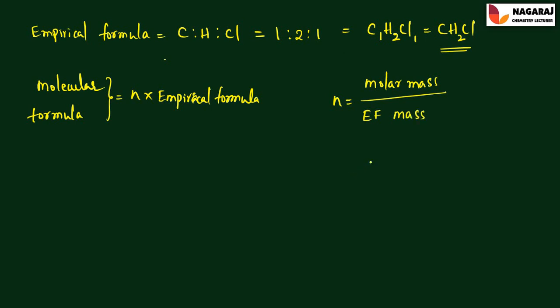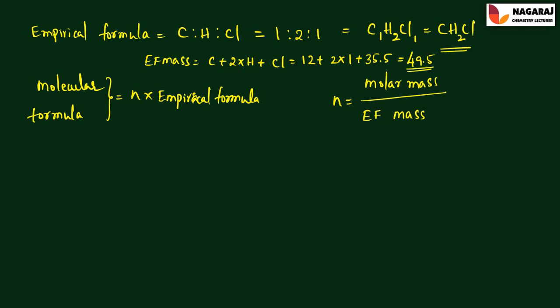The empirical formula mass of the compound is equal to carbon plus 2 into hydrogen plus the atomic mass of Cl. So carbon atomic mass is 12, plus 2 into hydrogen atomic mass 1, plus Cl atomic mass 35.5. On simplification it gives 49.5, the empirical formula mass of the compound.